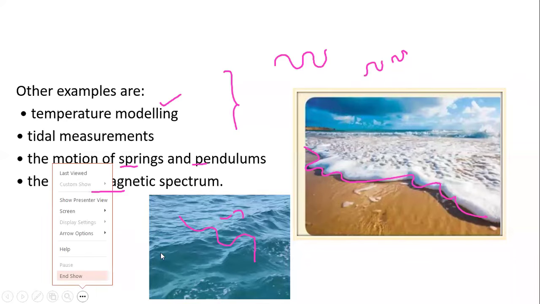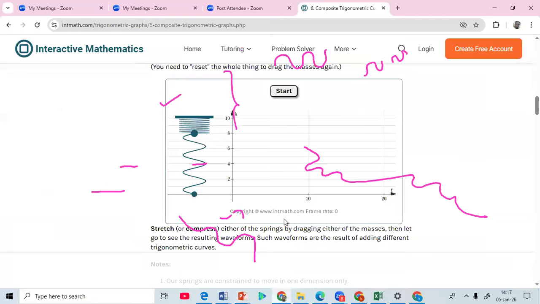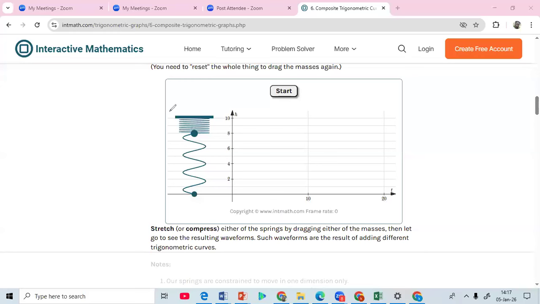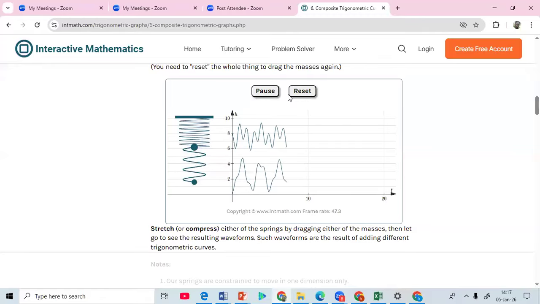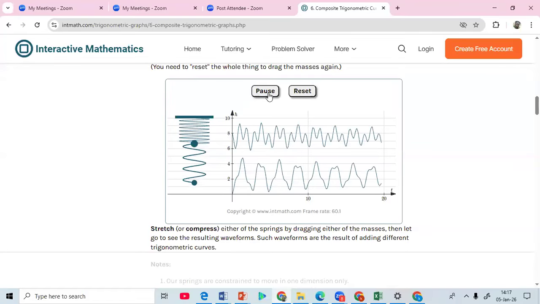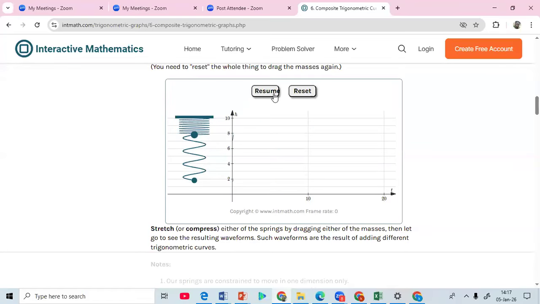let me pause a bit and share my screen. Hope you can see my screen. Here is our spring, and when you look at it very well, it exhibits a trigonometric kind of nature. So let me start it. When you start it, that's what happens. At the end of the day, you are able to see those different trigonometric functions.